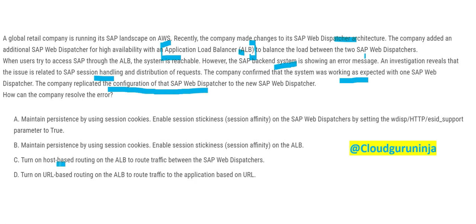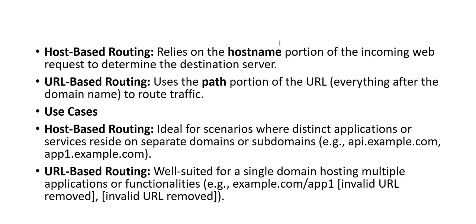We will check host based, URL based routing first. So this, first of all, it is not a routing issue. When you do host based routing, you rely on host name. And when you do URL based, you rely on the path portion to route.